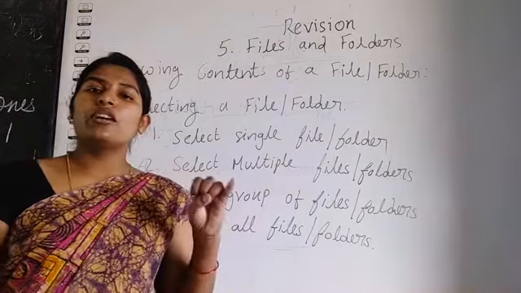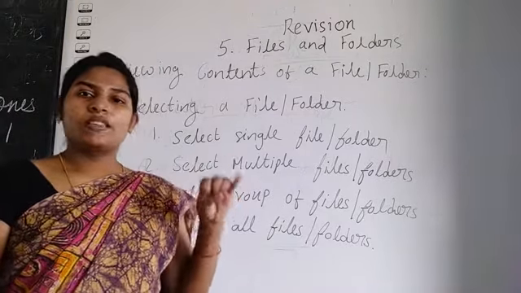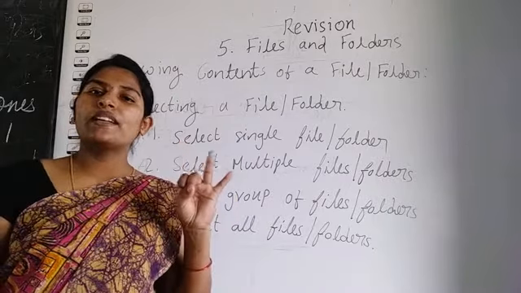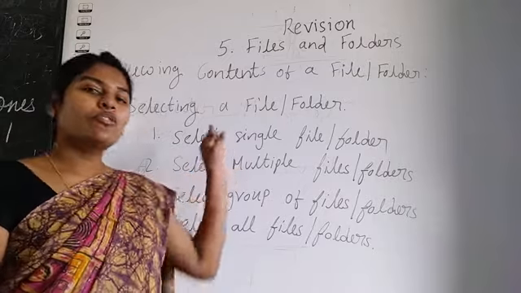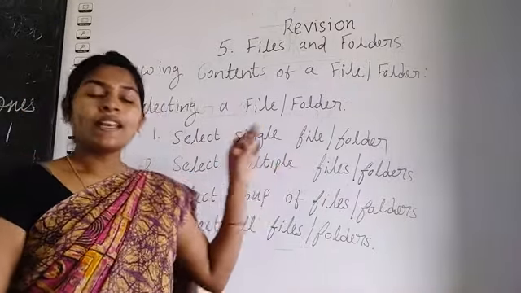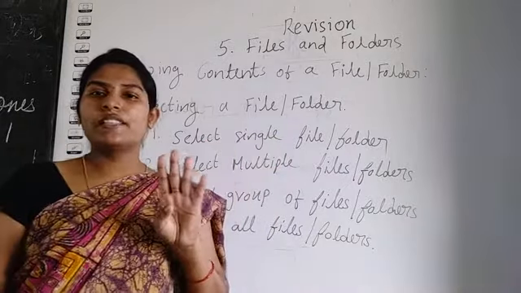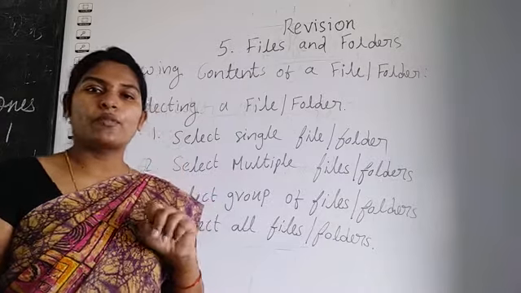How to open it? First, after opening the system, go to the Start button. From there, click the File Explorer option. After that, the File Explorer window will open. Like that, we can use 3 steps to open File Explorer.